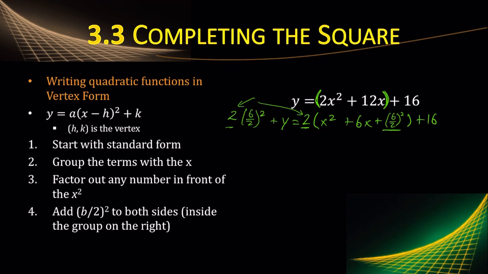Squared makes 9. Times 2 is 18. You may say, but you added 18 on the left, only 9 on the right? No, I added 2 times 9 on the right, which is 18.